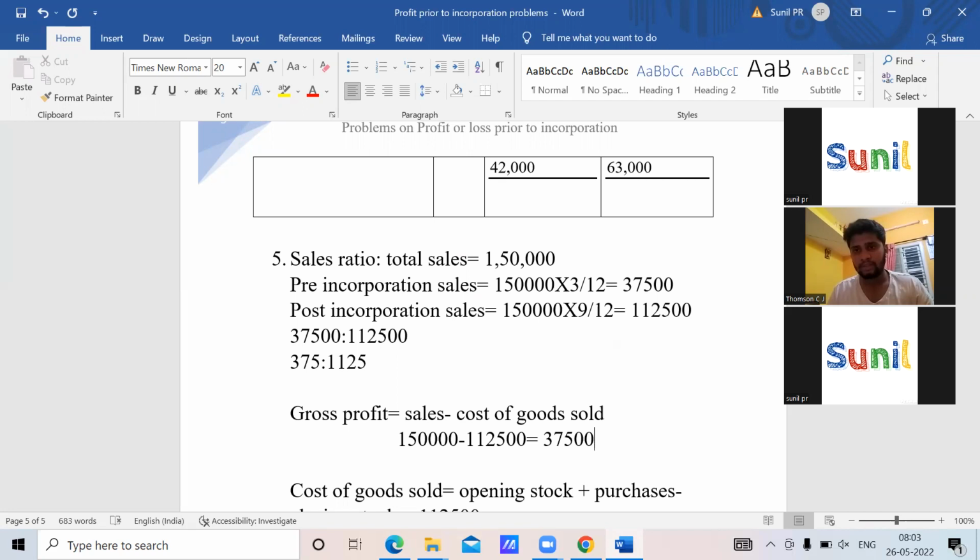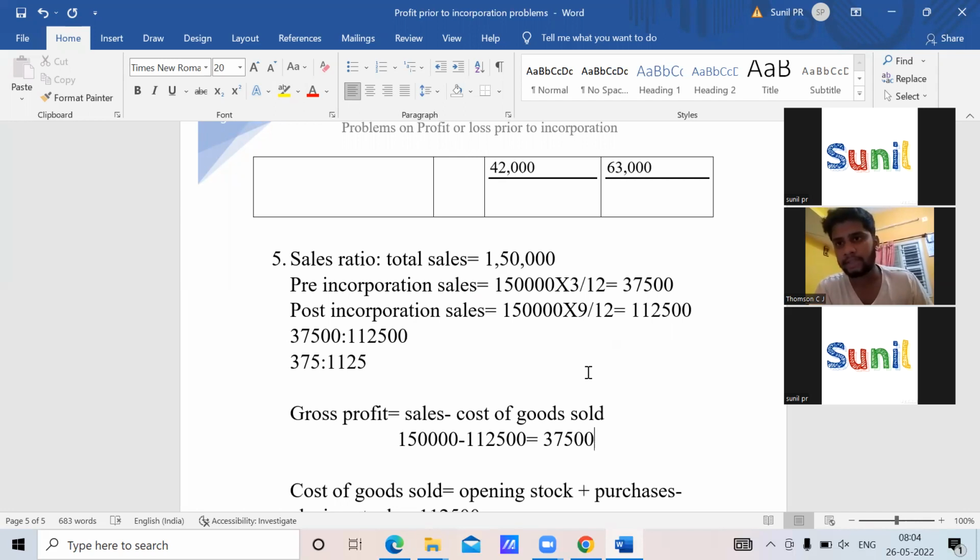Sir, I don't know why, but it is matching with the pre-incorporation sales and post-incorporation sales, sir. That's what we found. What? I'm just saying that the gross profit that we found, 37,500, is matching.